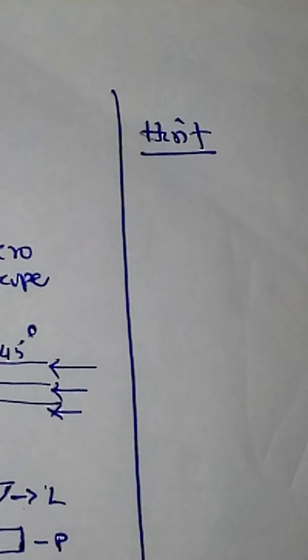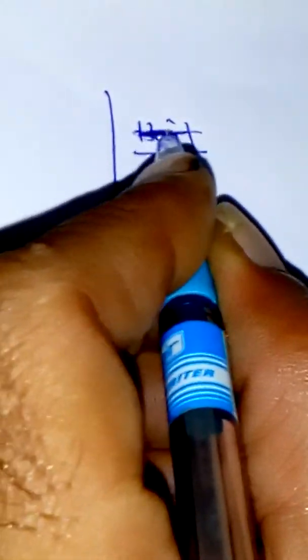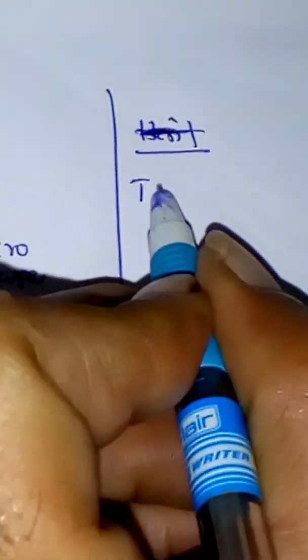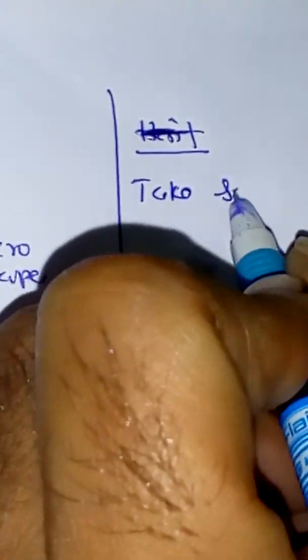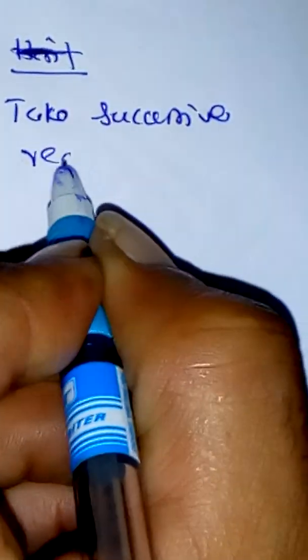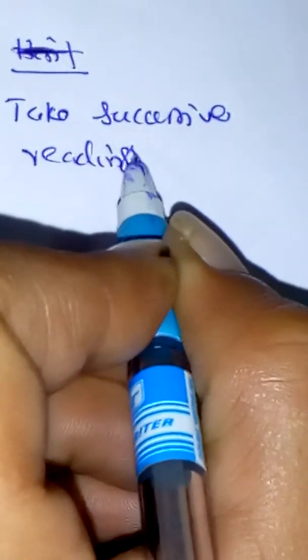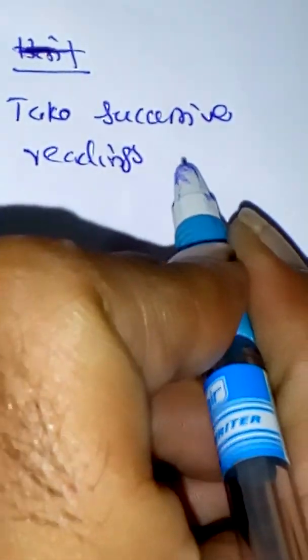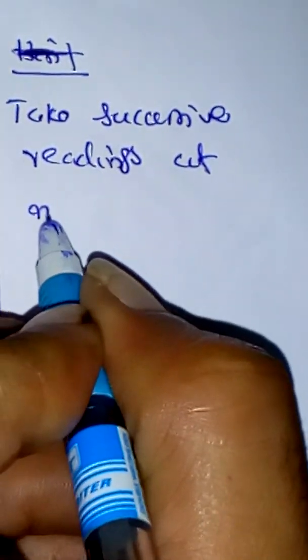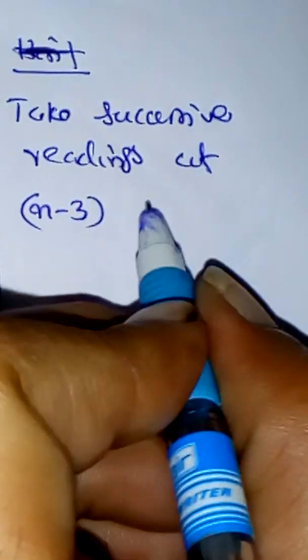So, take successive readings at n minus 3, the n minus third ring.